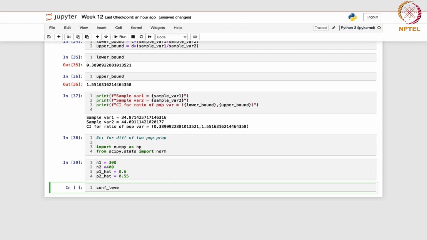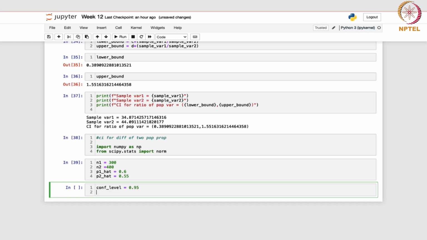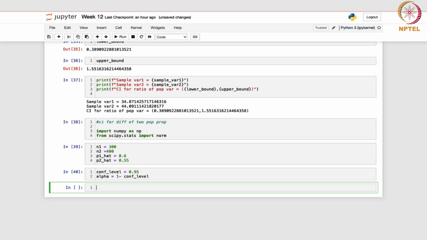Let us take the confidence level as 0.95 and alpha as 1 minus this confidence level. Now the critical value in this case, z_critical, would be norm.ppf, and here we would write 1 minus alpha by 2.